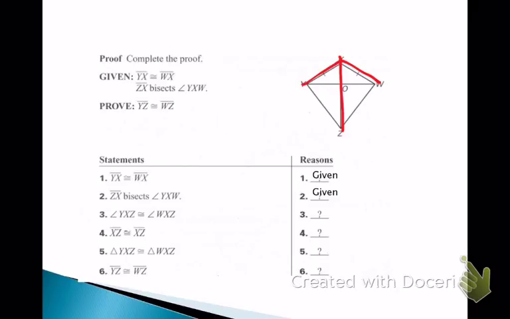So we're taking that bigger angle, YXW, and we're cutting it in half. That means that this angle and this angle must be congruent. And the reason why is because of the definition of an angle bisector. So those two angles are going to be congruent.